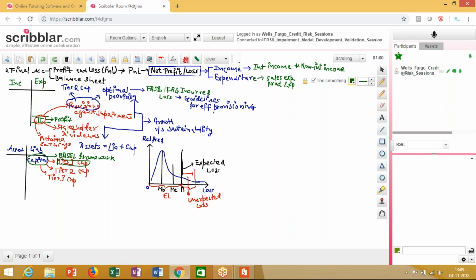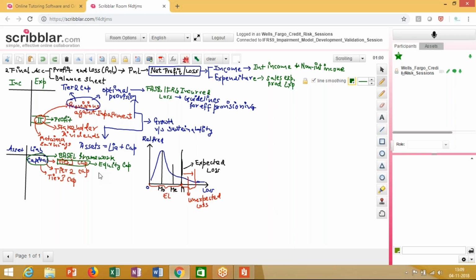So what is the tier 1 capital of the bank? Tier 1 capital is the pure or the equity capital of the bank. This is the purest form of capital, also known as the equity capital of the given bank. Equity capital is the capital which has been raised from the public and hence is the actual, or as we call it, the purest form of capital.